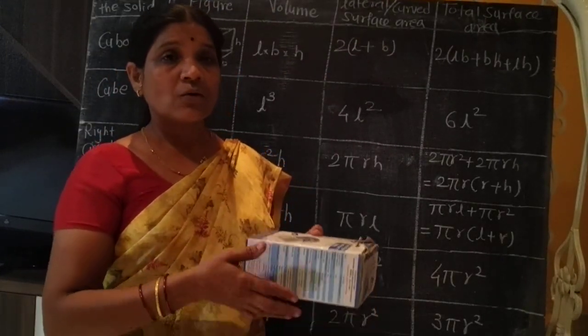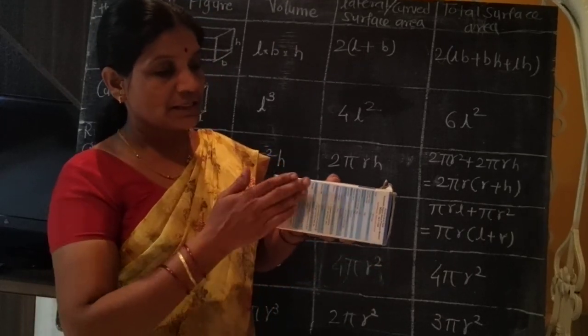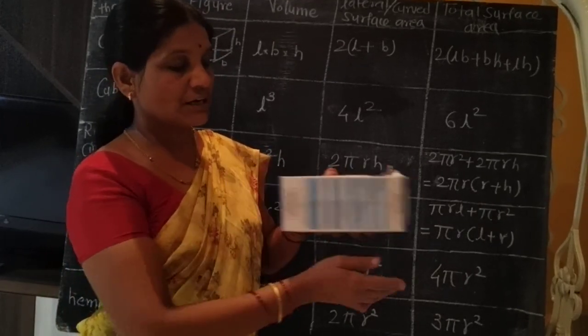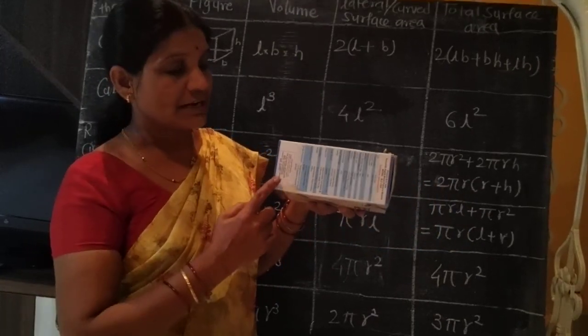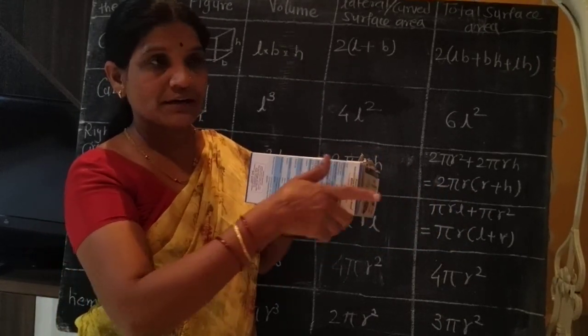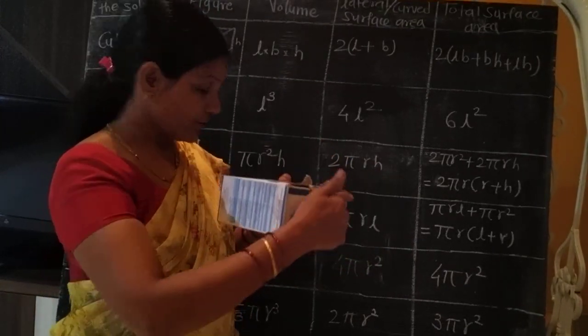Then its vertical or lateral surface area. Lateral means only the vertical faces. For example, see here, this is a vertical face, this is a vertical face, and this, and this. Its area will be length into height, it is also length into height, and this is length into breadth.